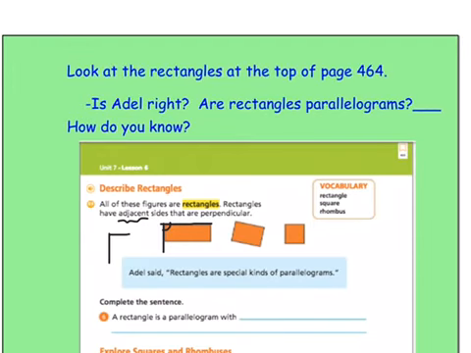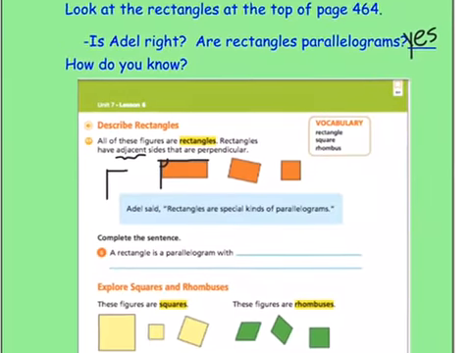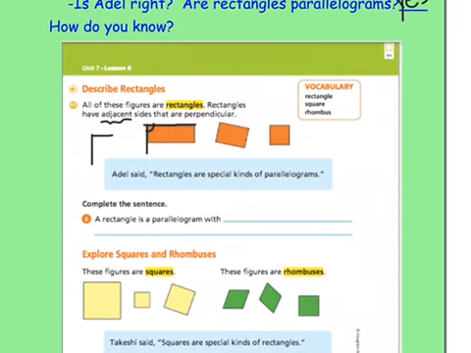So Adele said rectangles are special kinds of parallelograms. So what do you think? Do you think Adele is right? Yes, he is right. And the reason a rectangle is a parallelogram is because it has 4 right angles. So let's look at those angles.